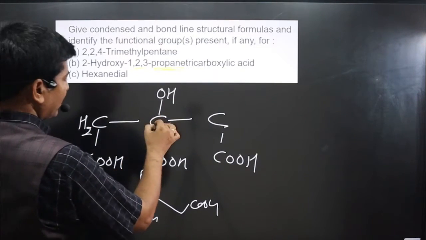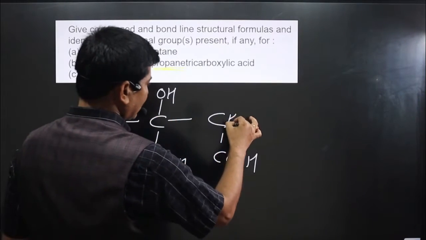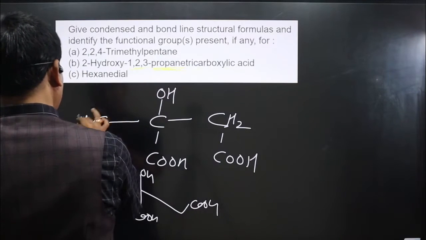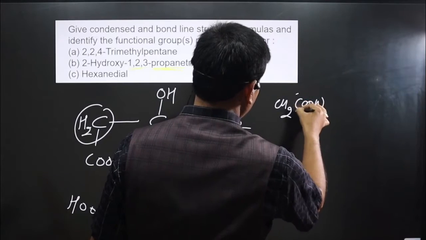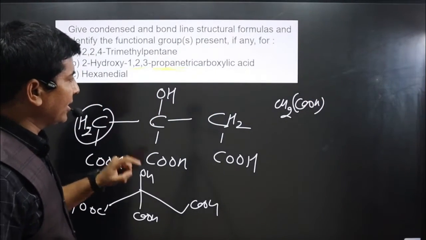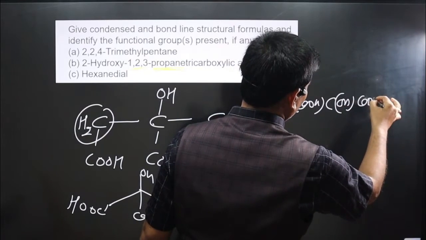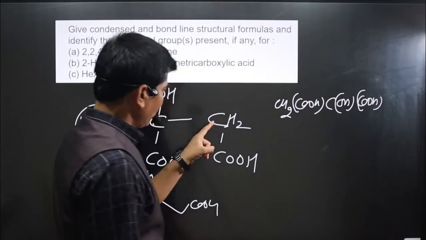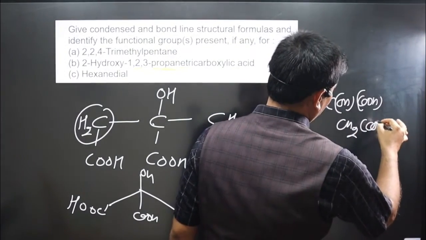CH2: this carbon has its valency satisfied by hydrogen, and this other carbon is also CH2. To this CH2 a COOH group is attached. Then we have the quaternary carbon, to which an OH group and a COOH group are attached. Next we have CH2, and to this CH2 a COOH group is attached.